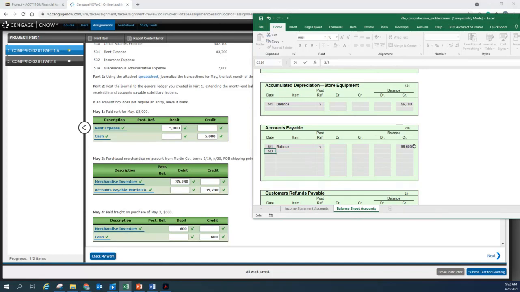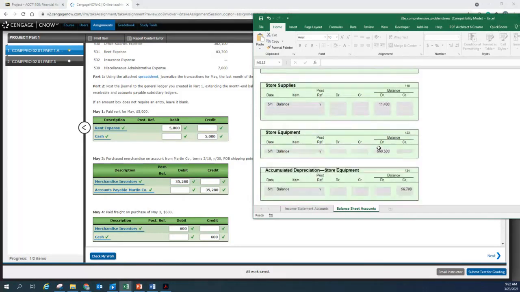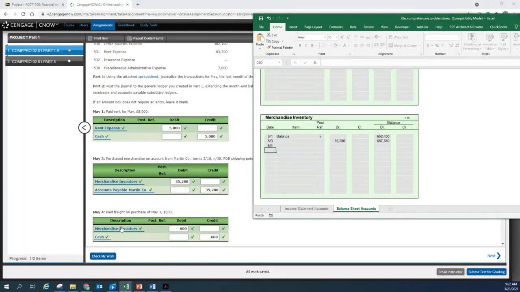The previous period's ending balance becomes the beginning balance of this period. It's 96,600 credit, and we have another credit of 35,280. So the balance becomes a credit of 131,880.